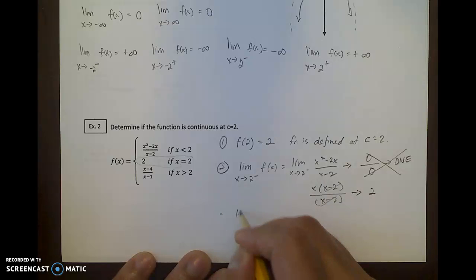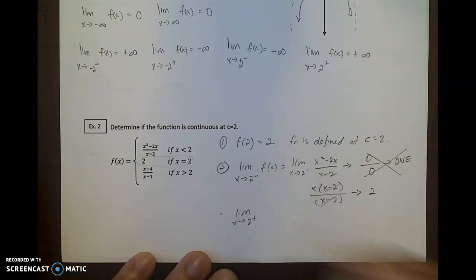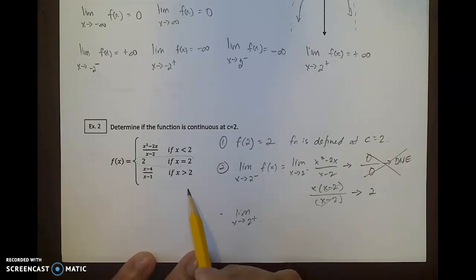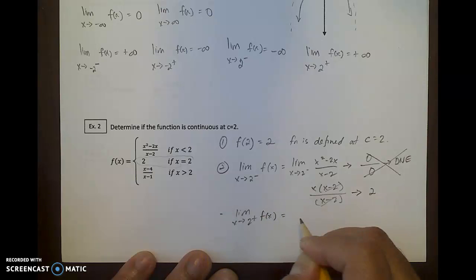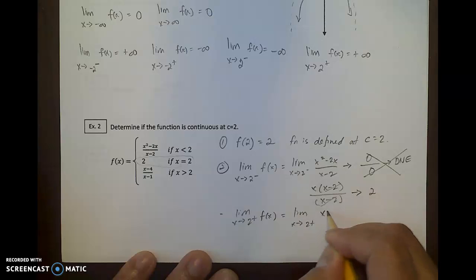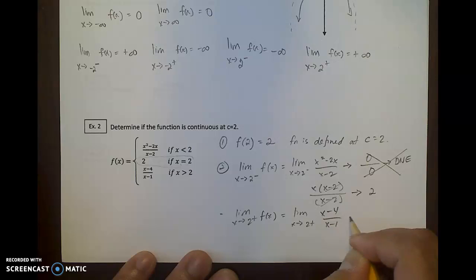Now we want to find the limit as x approaches 2 from the right. Coming in from the right, we're looking at this part of the piecewise. So the limit as x approaches 2 from the right of (x minus 4) over (x minus 1). We plug 2 in for x in the numerator, we get negative 2.